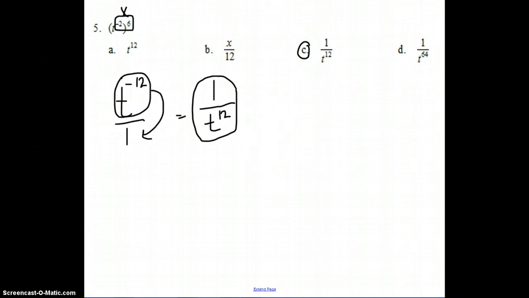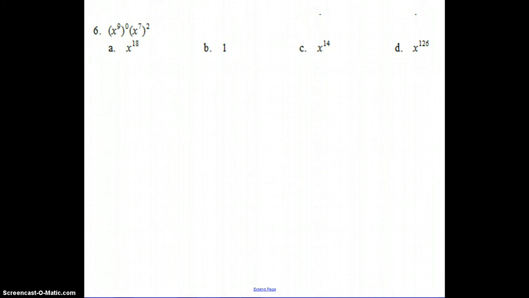Okay, next one. Now in this one we kind of have multiple problems going on. Really, we kind of have this part right here and this problem here. So we're actually going to solve them separately down here. And then we're going to put all of our stuff together. So in this first one, if I multiply those two together, 9 times 0 is 0, so this is going to be x to the 0.